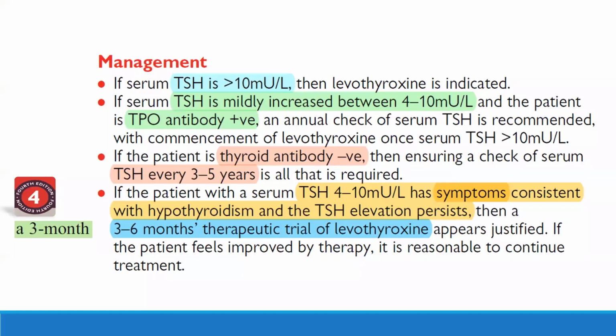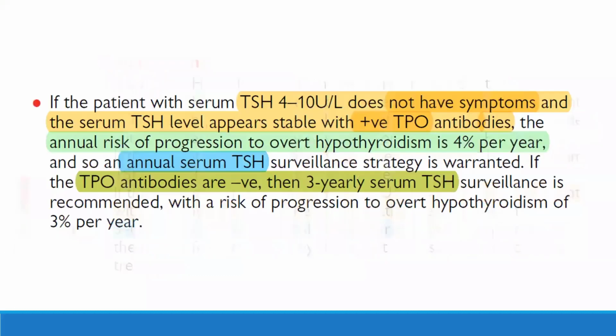And if no treatment, if the anti-TPO is positive, we should check the TSH annually. If the anti-TPO is negative, we should check TSH every 3 to 5 years. If there are symptoms and the TSH is less than 10, we consider a therapeutic trial of levothyroxine for 3 months.